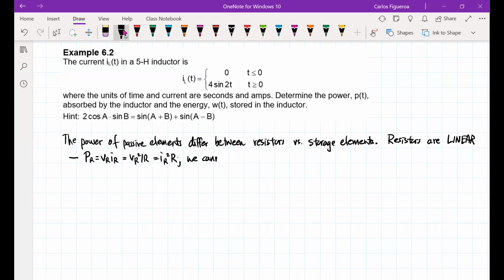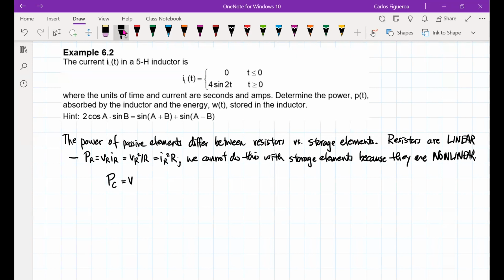We cannot do this with storage elements, because they are nonlinear. So that means for the power of a capacitor, I have to write it as V_C I_C.